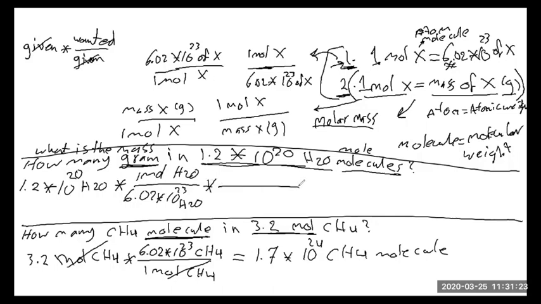How will you write it down? Mass x in gram. Can you tell me what is the mass of the water in gram? The mass is 18. 18 gram H2O over 1 mole H2O.